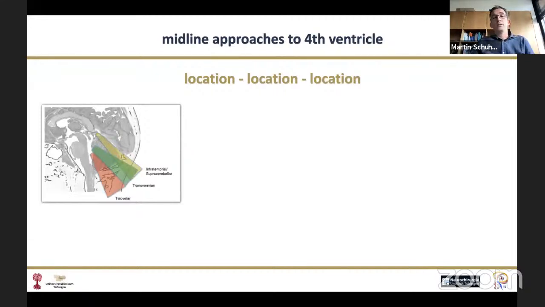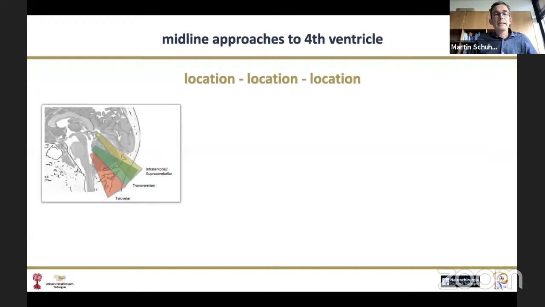As you all know, as neurosurgeons, location, location, location are the three most important aspects. It's like in real estate. And certainly the supracerebellar or upper cerebellum lesions you treat by an infratentorial supracerebellar approach.